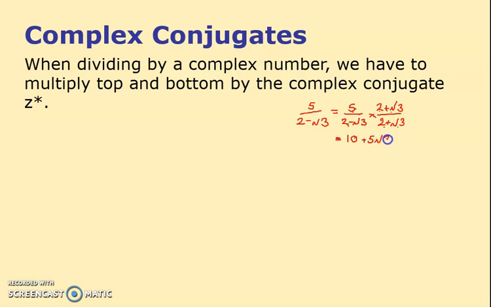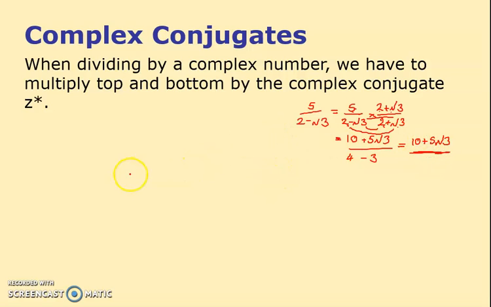So the top's easy, and the bottom's easy as well, but look at it, 2 times 2 is 4, and as I was saying, when I do that times that and that times that, they will cancel each other out. So the only thing I'm left to do really is that times that, which is minus 3. And my answer then is 10 plus 5 root 3, because by fluke really, I've picked an example with 1 on the bottom, and if you divide by 1, it doesn't change.